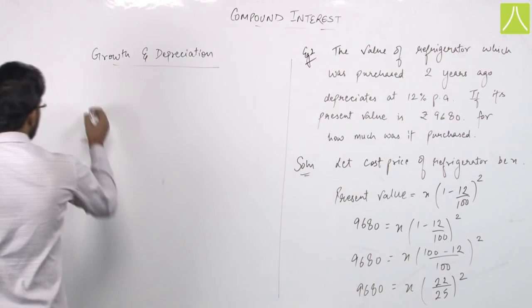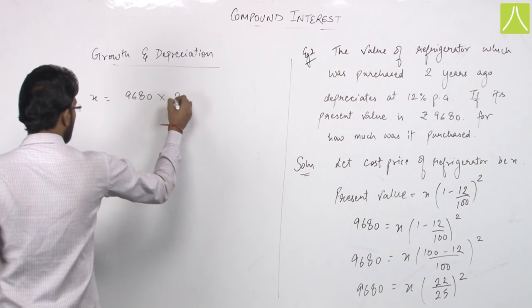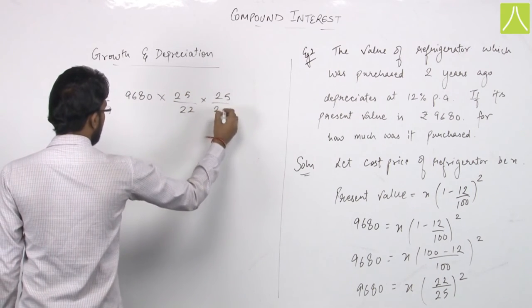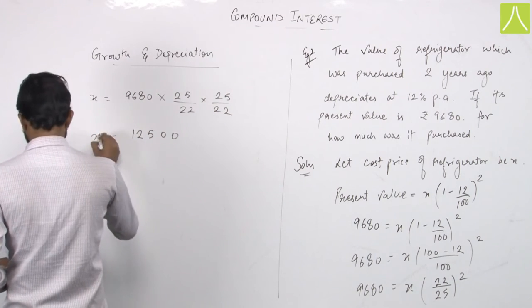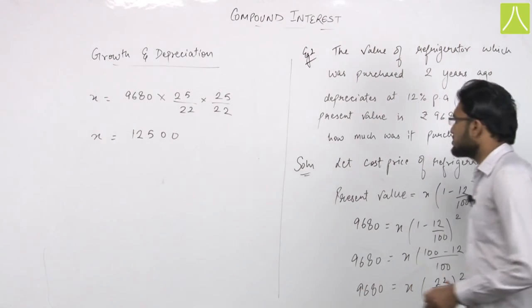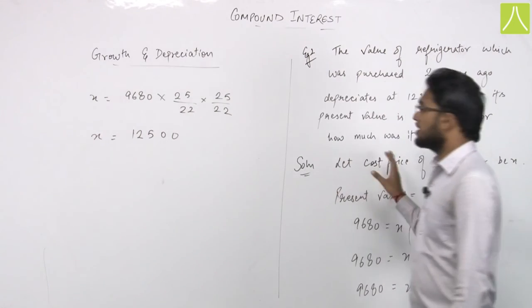Solving for X, X is equal to 9680 into 25 divided by 22 into 25 divided by 22, which is 12,500. Therefore, the cost price of the refrigerator is 12,500, which was purchased 2 years ago, and the present value is 9,680.